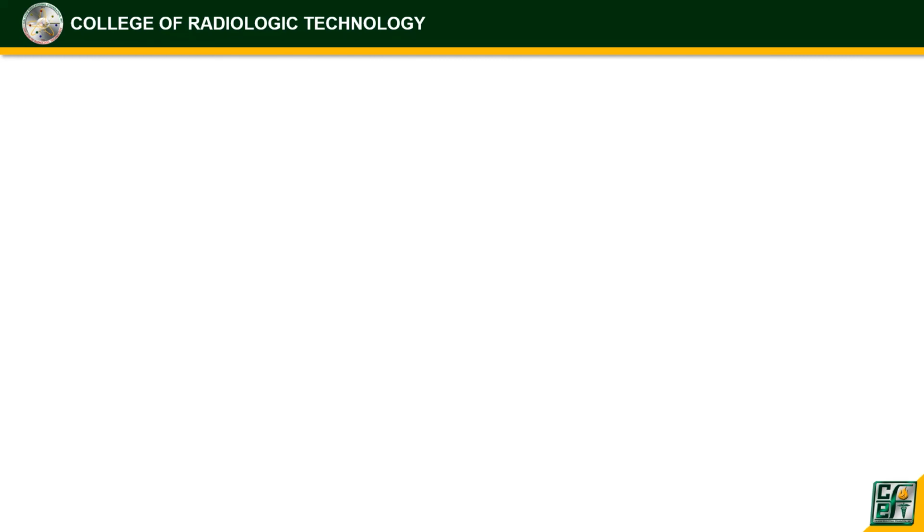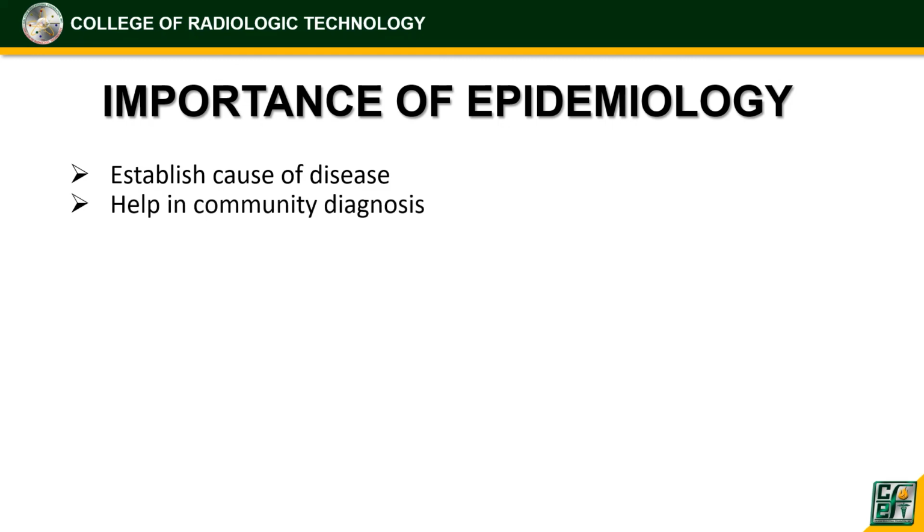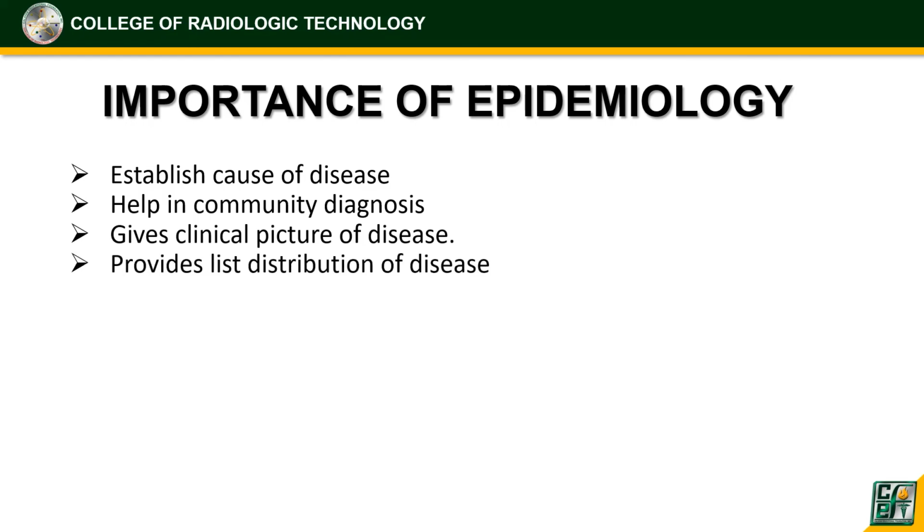So why do we study epidemiology? What is the importance of epidemiology? First, epidemiology establishes the cause or causes of diseases. It helps in community diagnosis. It gives the clinical picture of diseases, provides the distribution of diseases, and helps in the investigation of an epidemic or even a pandemic.